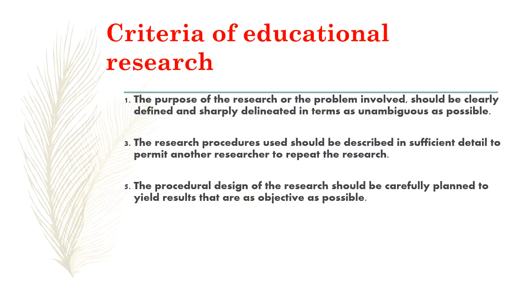Let's see the criteria of educational research. The first criterion is that the purpose of research or the problem involved should be clearly defined and sharply delineated in terms as unambiguous as possible. So whenever we are stuck with a problem, there can be many problems, but if we choose a single problem, we need to be very focused on it, and we need to understand what exactly we want to find out, what the problem is.